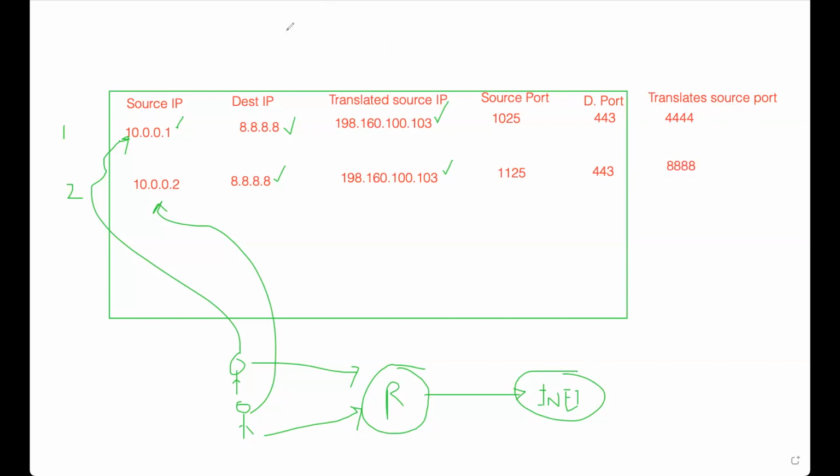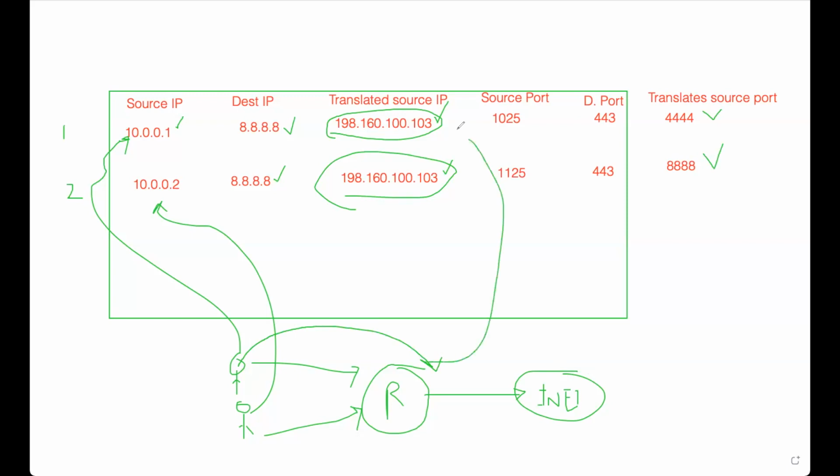So even though the translated source IP is the same, the translated port will be different. When the traffic comes from this guy, it will be mapped to this IP, but the port will be mapped to 4444.